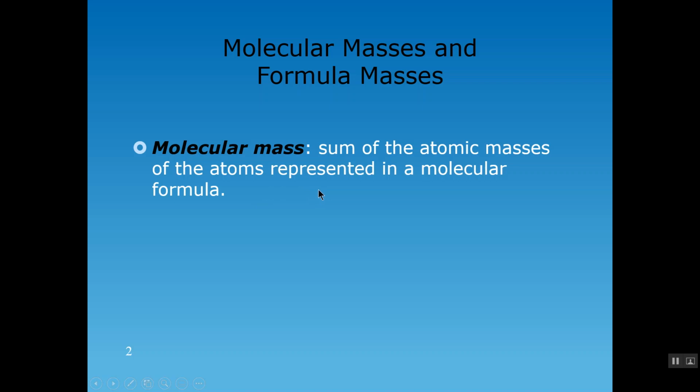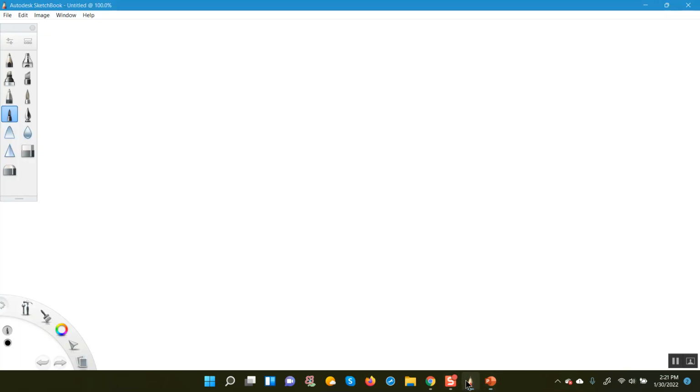And we all know how to calculate that. It's all based on the formula. So for example, in the case of water, for which the formula is H2O, the molecular mass will be equal to 2 times the atomic mass of hydrogen, which is 1.008 AMU, plus for oxygen, if you look it up, it's 16.00 AMU.